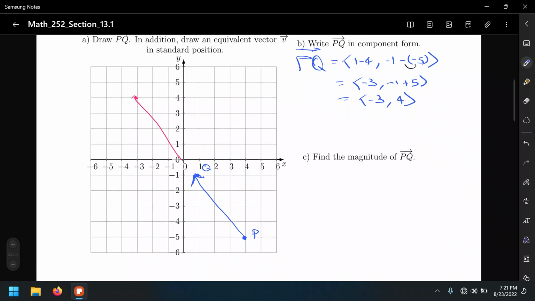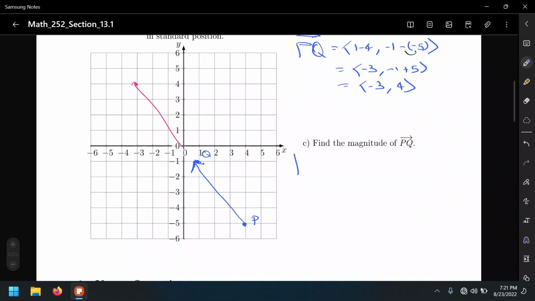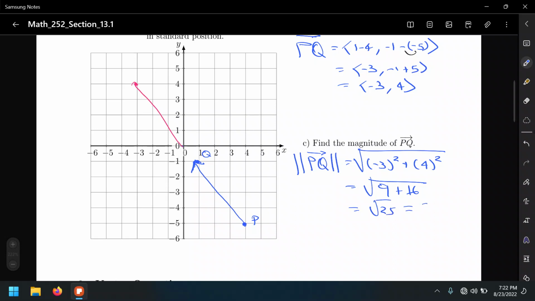Find the magnitude. Magnitude, I'm going to use the 2 bars. That's the square root of negative 3 squared plus 4 squared. Square root of 9 plus 16, square root of 25, which is 5.